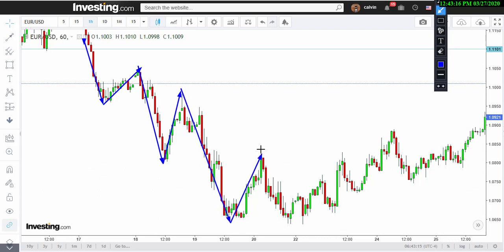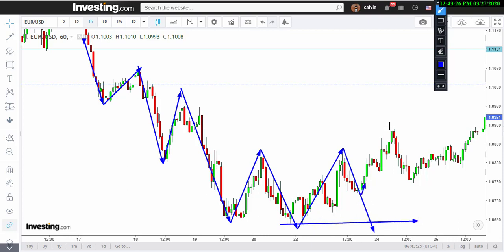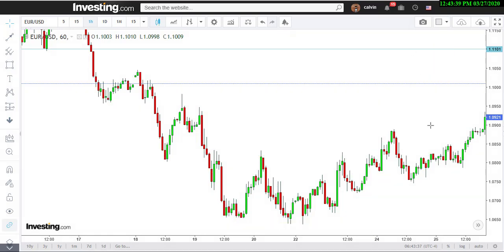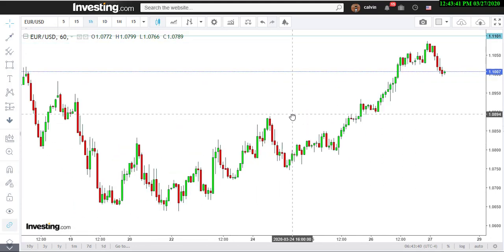As you can see, it's pushing lower. The market didn't make a new low. It pushed higher, broke this new high, and then we might potentially see a move higher. Let's see if the market pushed higher. Yes, it did push higher.